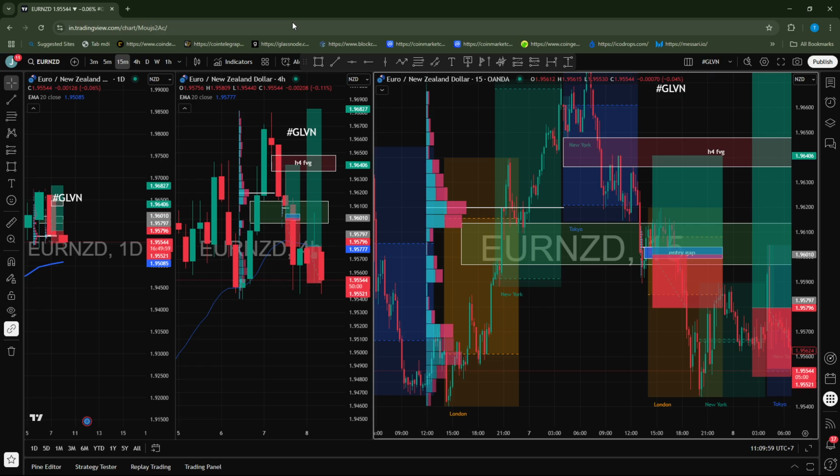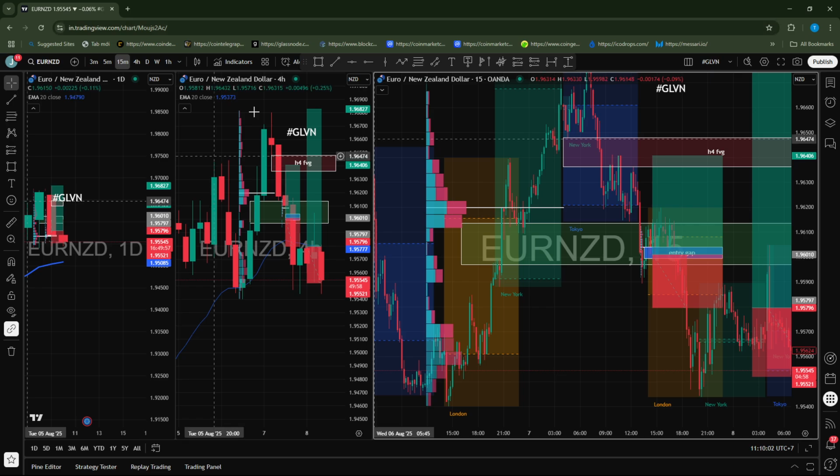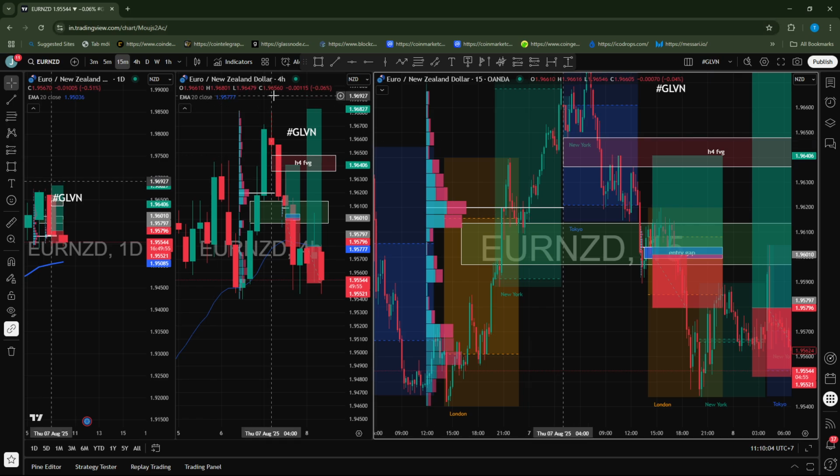But on the uptrend, the candle at the beginning of the market open on the Tokyo session around the 7th August 2025 created a doji candle, and the next candle on the Tokyo session around 7 a.m. to 8 a.m. morning, GMT plus 7, created a bearish fair value gap.